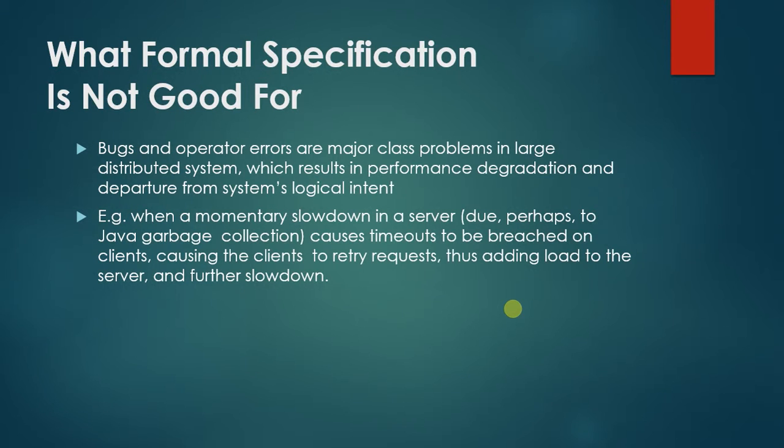What is formal specification not good for? Bugs and operator errors are a major class of problems in large distributed systems, which result in performance degradation and departure from the system's logical intent. For example, when a momentary slowdown in a server causes timeouts to be breached on clients, causing the clients to retry requests, thus adding load to the server and further slowdown.